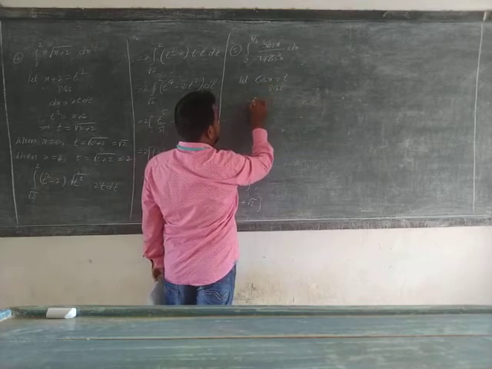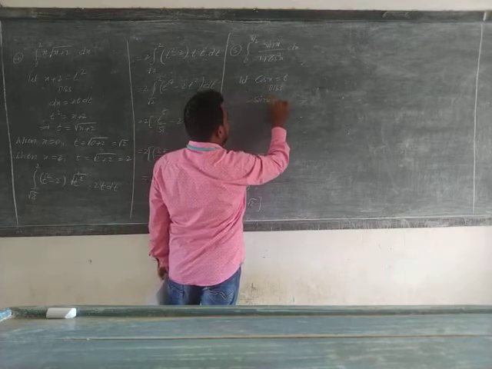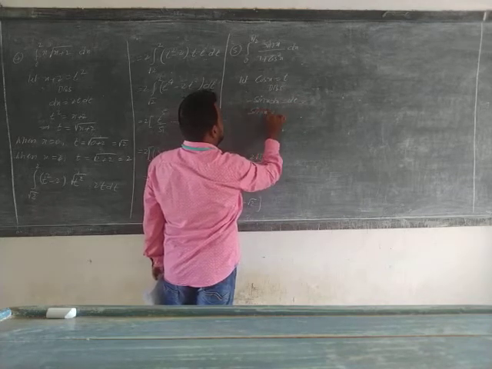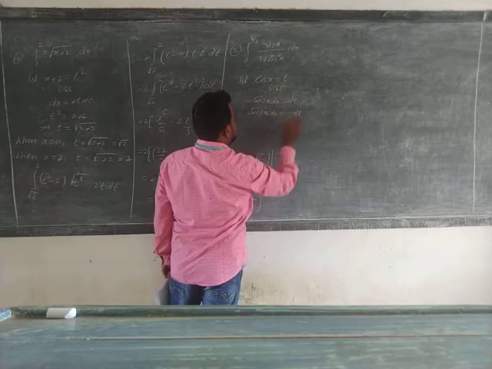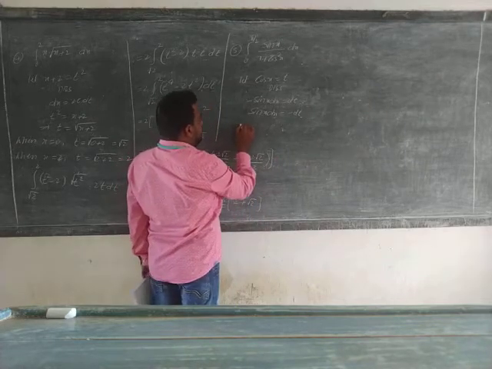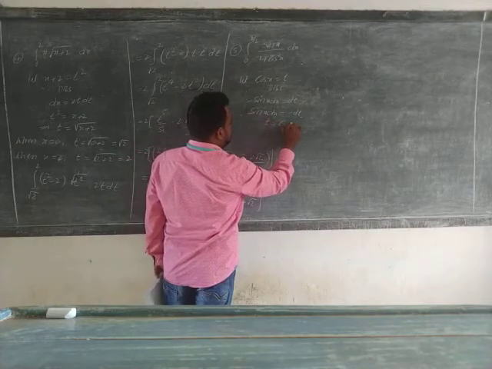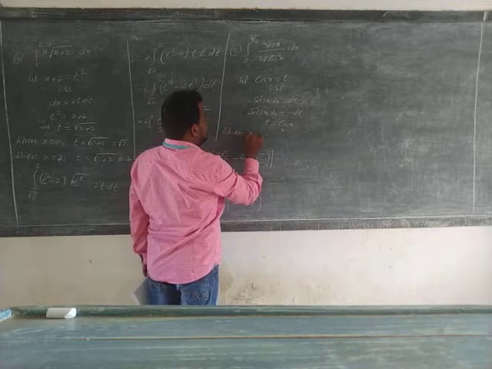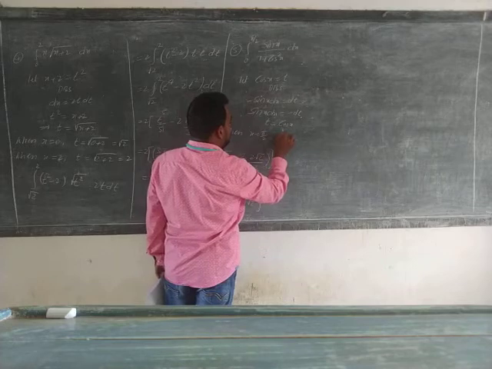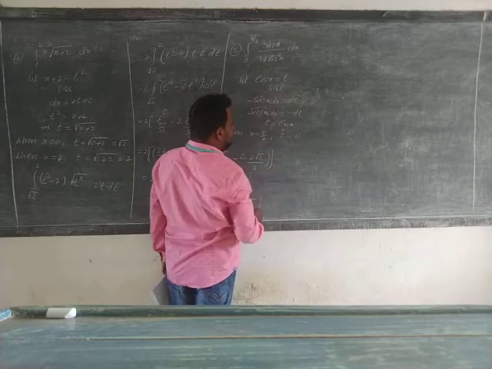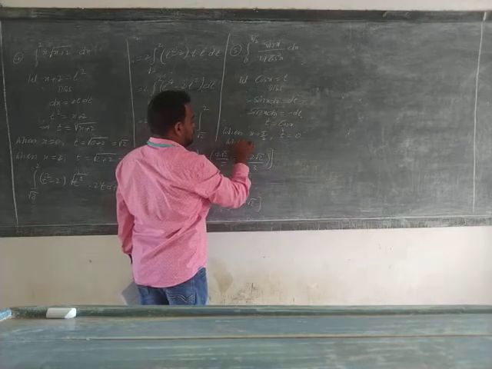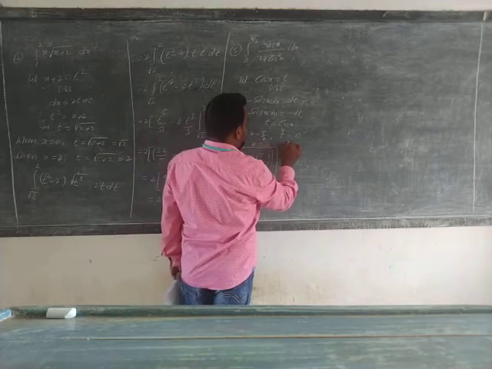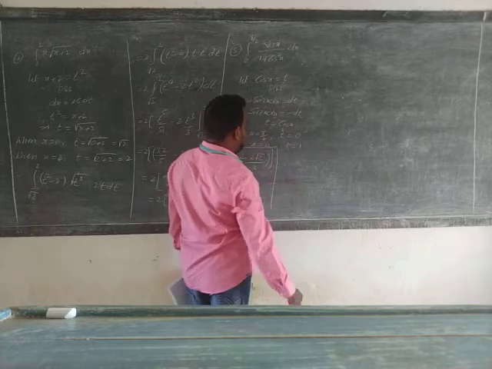The derivative of cos x is minus sin x, the derivative of x is dx, the derivative of t is dt, so sin x into dx is equal to minus dt. For the limits, t is equal to cos x. When x is equal to pi by 2, t is equal to cos pi by 2, which is 0. When x is equal to 0, t is equal to cos 0, value 1.